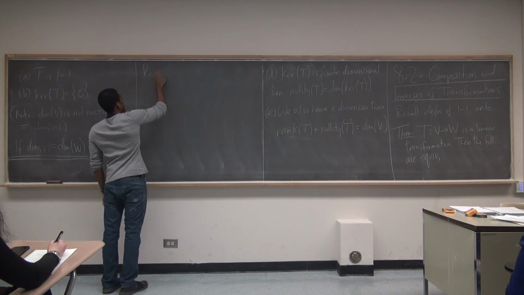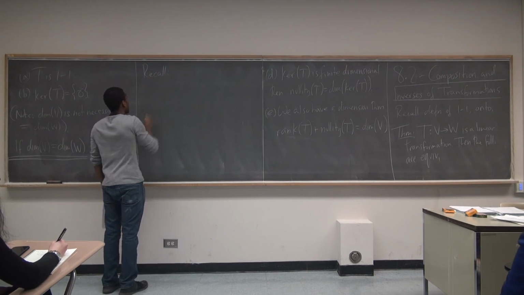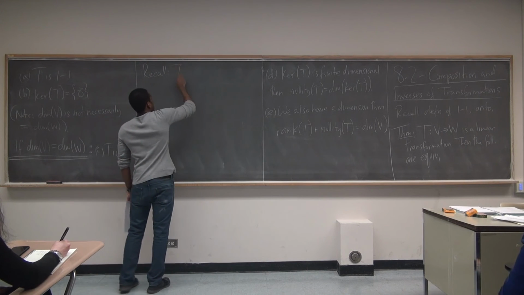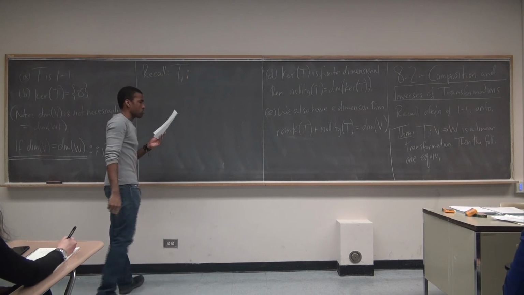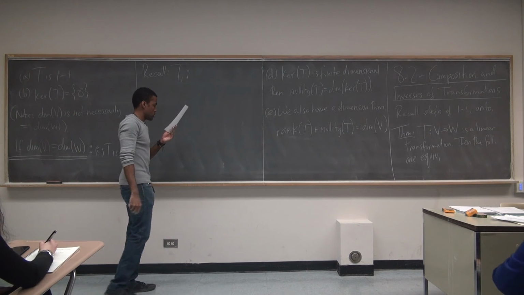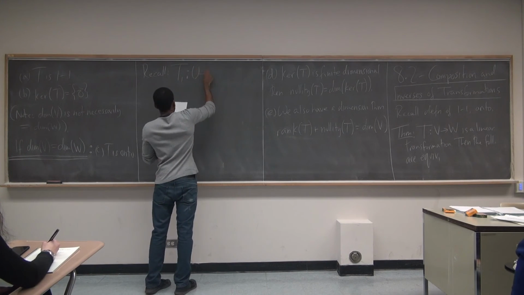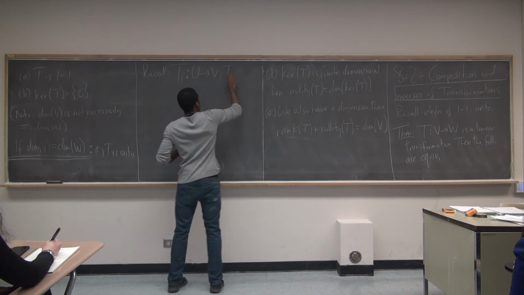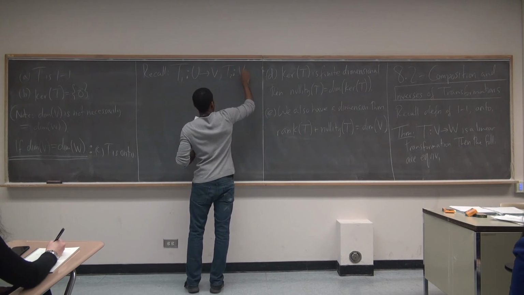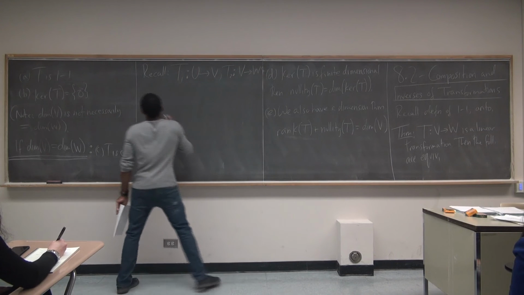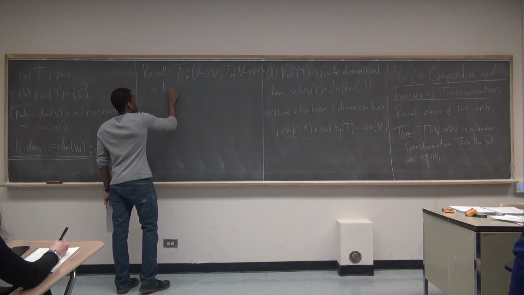So, what else do I want to say? Composition. T1 goes from U to V, T2 goes from V to W, linear.